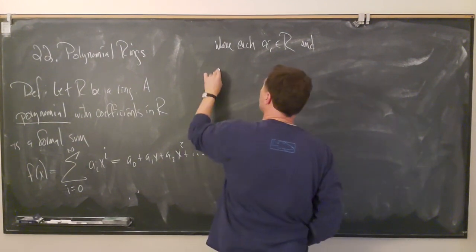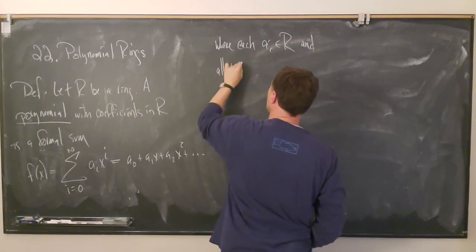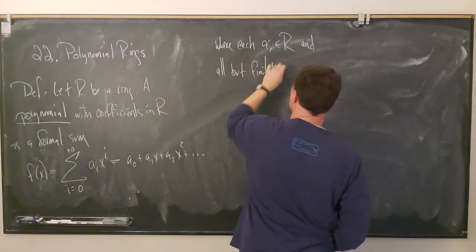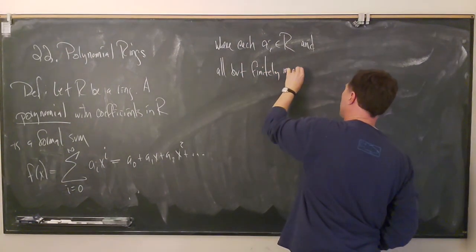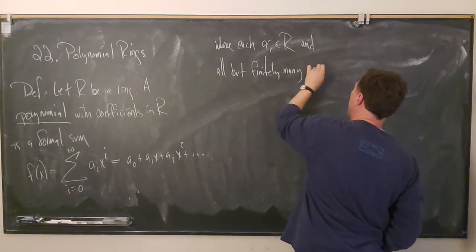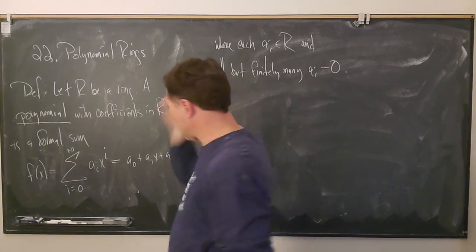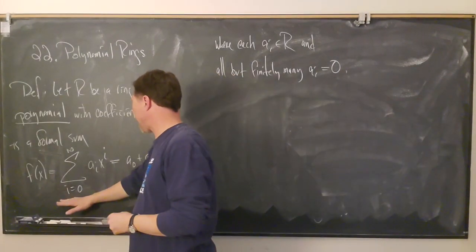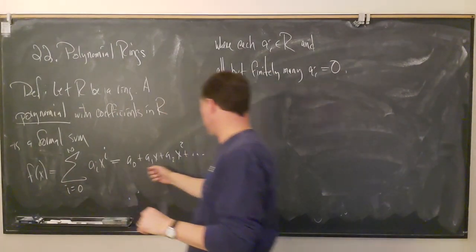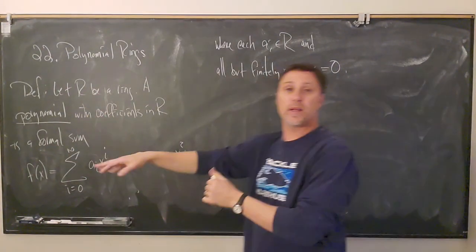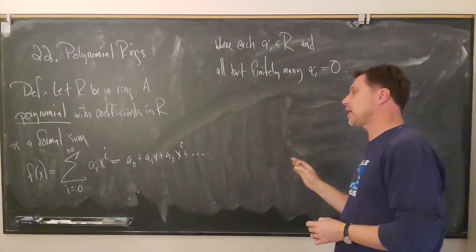and all but finitely many a sub i equal 0. At first glance, this looks like a power series. It's not. We allow it, sometimes it's convenient to think of it as going on forever so that we don't need to stop at a particular degree.